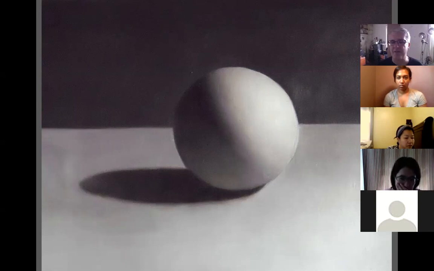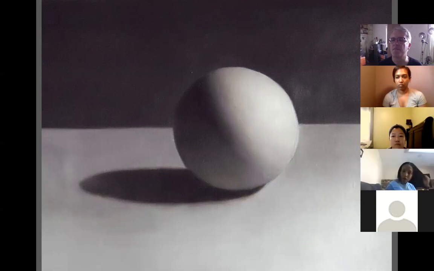Can anyone define value in the way I'm using that term? What does value refer to? The amount of light or shadow that the object has? Yeah, value refers to the degree of lightness or darkness of an object, right?